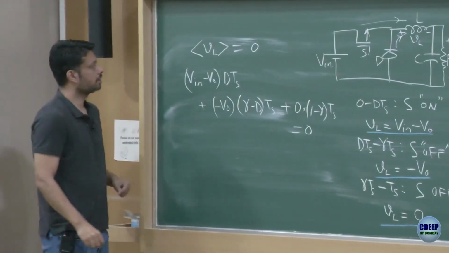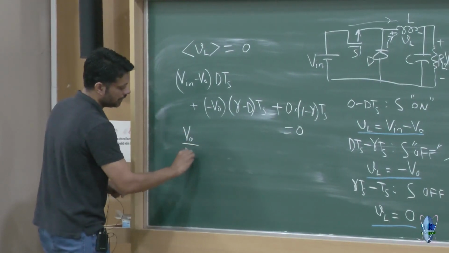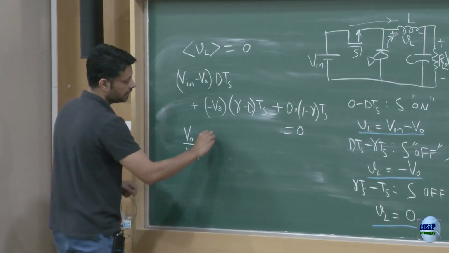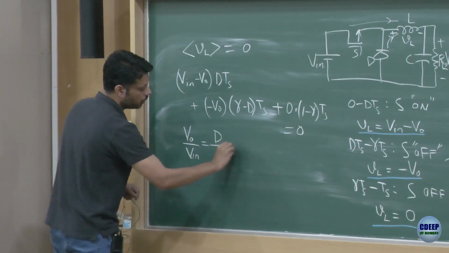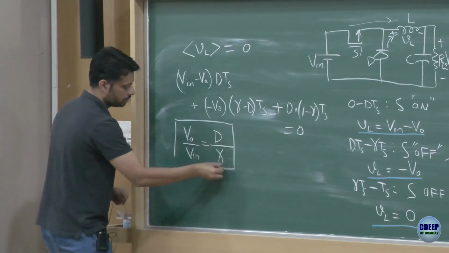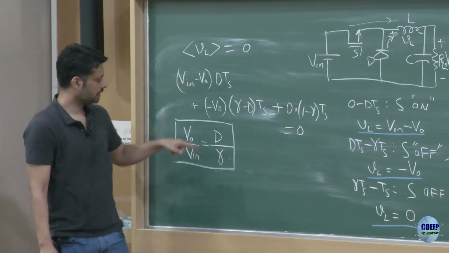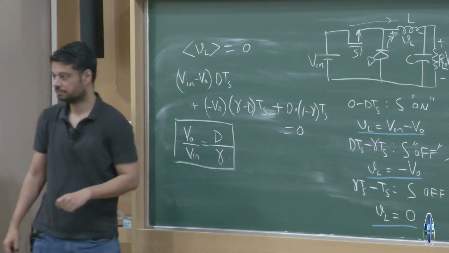If you solve it, you would get VO by Vin equals d upon gamma. Try to solve it, see if you get it or not.